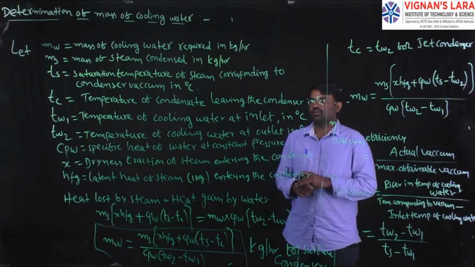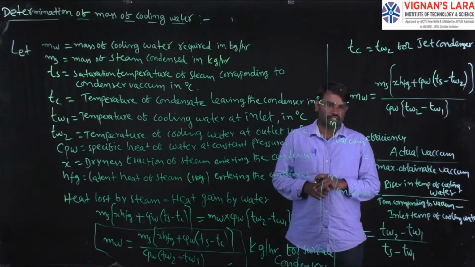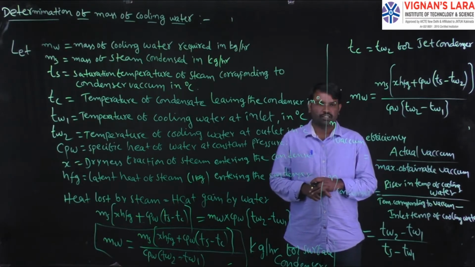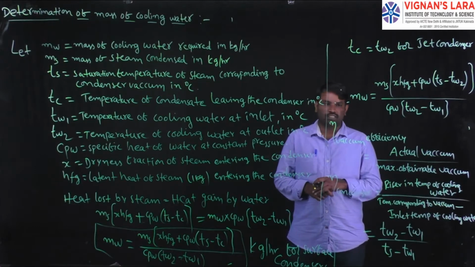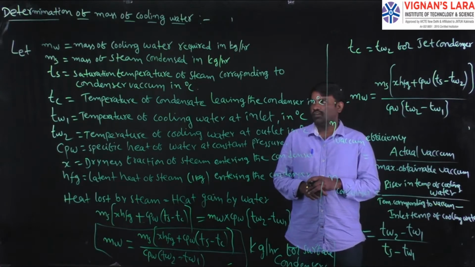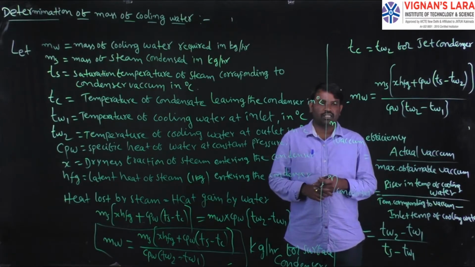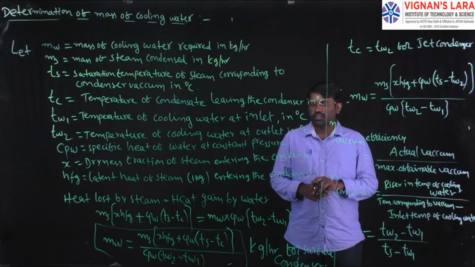During this process, we have to send the required mass of water to convert the mass of steam into water. We have to maintain a certain low temperature of the cooling medium and condense the exhaust steam down to the lower temperature.